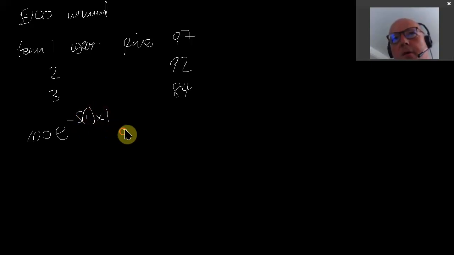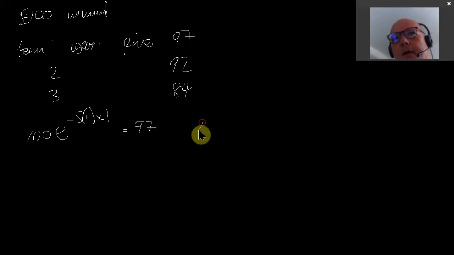Okay, so looking at our definition of spot rates, we can easily work out what the spot rates are. So 100 times e to the minus s1 times 1 is equal to 97.